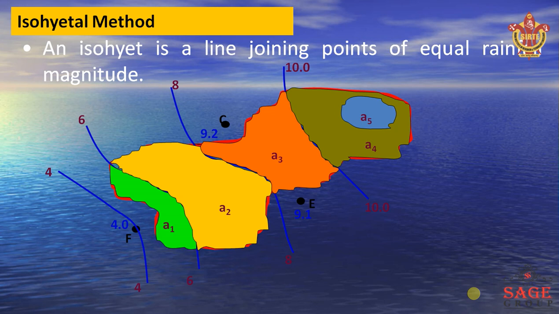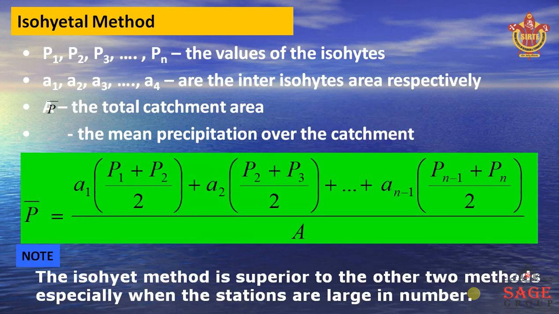In this, P1, P2, P3 are the values of the isohyets, which we know. A1, A2, A3 are the inter-isohyet areas. A is the total catchment area, and we have to find P bar, the mean precipitation.